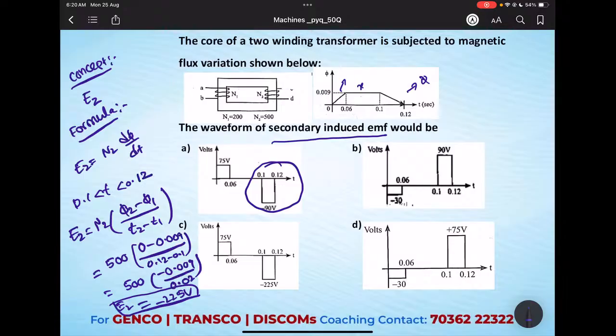Okay, see here, sometimes we need to just see the options and select the suitable option. Why? Because if you want to calculate for each interval, it is a time-taking process. Your time is going to be killed. Most of the questions are designed such that by seeing the option itself we can identify the answer.